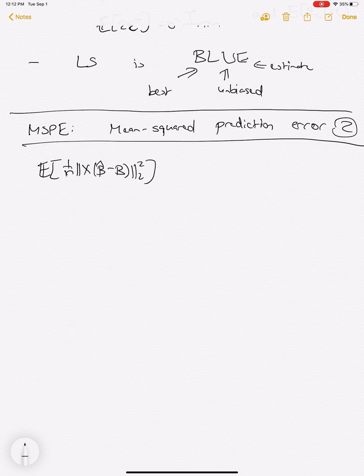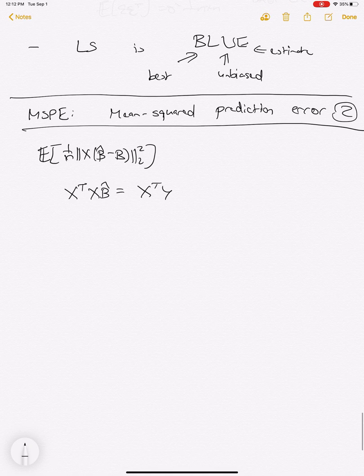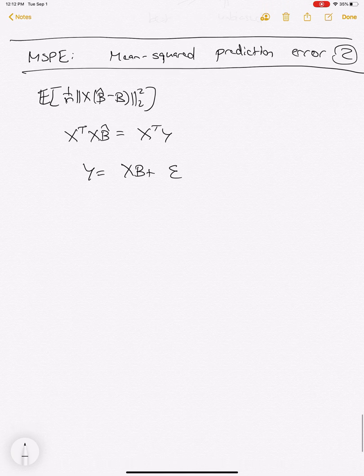Once again, we do similar analysis to what we did before, so I'll go through it a little bit more quickly this time.